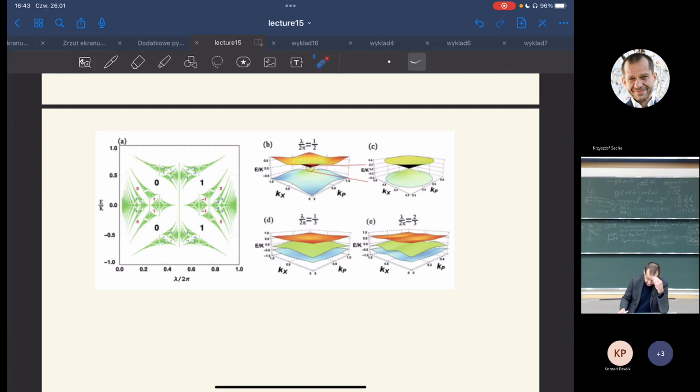And I would like to give you some introduction to the topological characterization of systems with periodic structure in space, and actually it can also be applied to these phase space crystals.